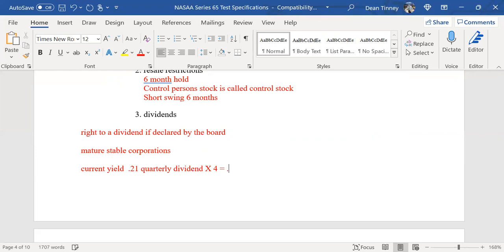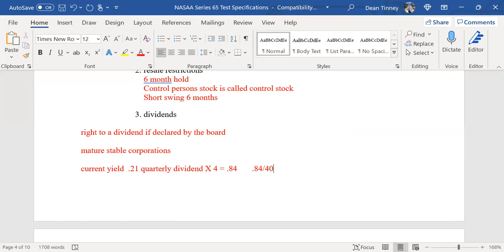And current yield is what an investment pays you divided by what it costs you. So we're going to take the 84 cents and I'll just real quickly get the Bank of America stock price here. BAC. And it's $40. So what it pays us divided by what it costs us.